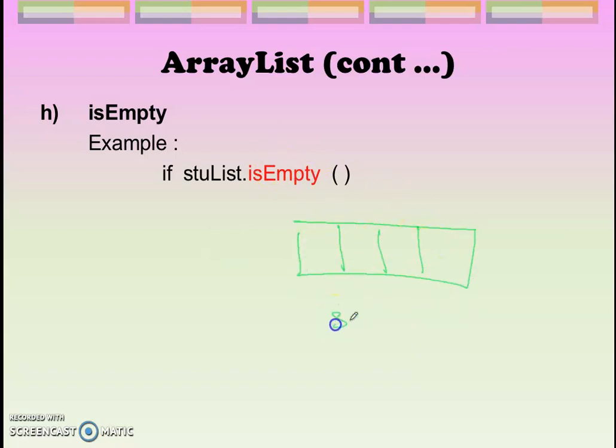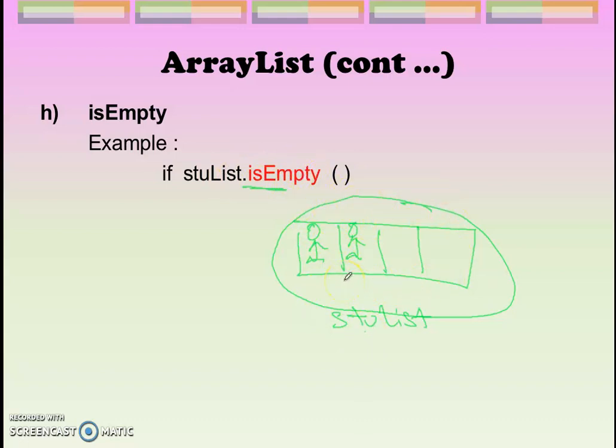Contoh tulis ni, okay, you already inserted a few data inside. Okay, next you want to insert another data. So what we need to do is we need to check either our tulis ni kosong ke ada data. Is empty or not. So itu kita guna is empty. So tulis dot is empty. So dia akan check.